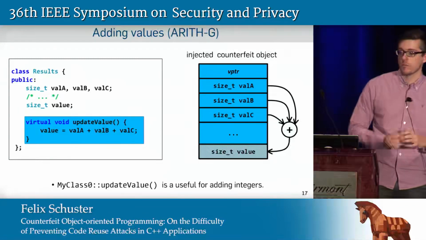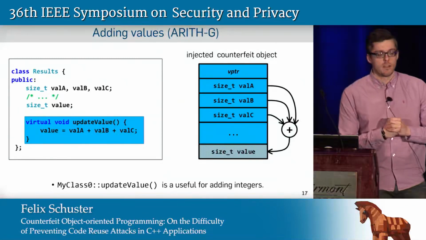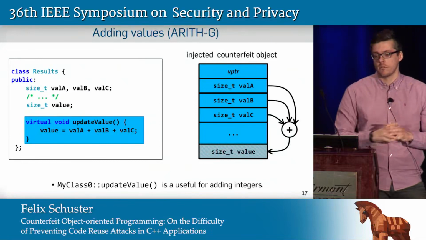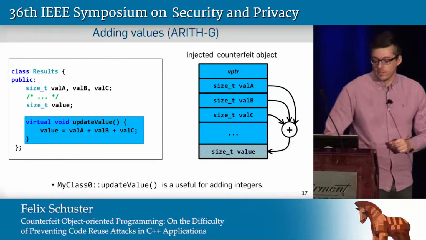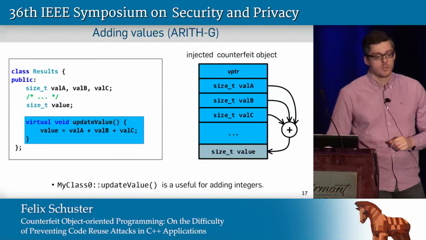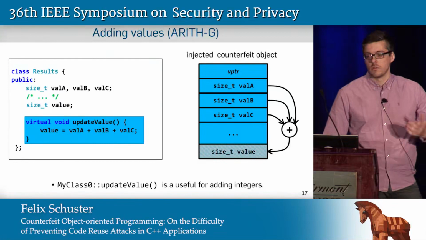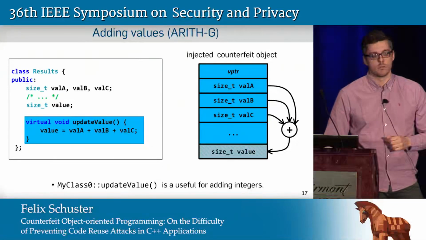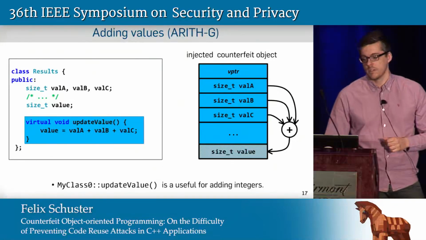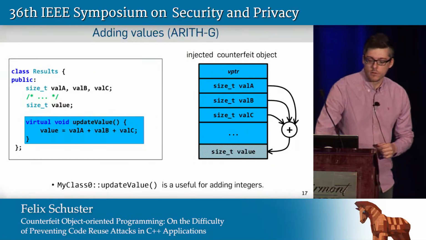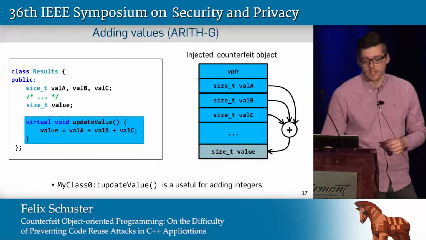If we invoke this virtual function on a counterfeit object that we injected, of which we control all the data fields, then we have a simple summation that we control, right? We have a data flow from A, B, C to value. So this is an example of a virtual function that we can use to do some arithmetic.